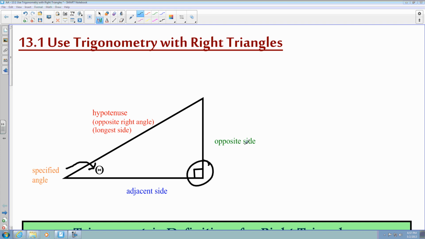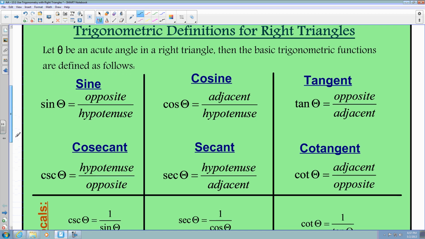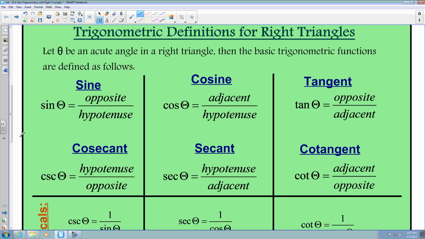So looking down here, we have 6 different trig functions that help us identify what theta is. So if we have the sine of theta, that is represented by opposite over hypotenuse. Cosine is adjacent over hypotenuse.